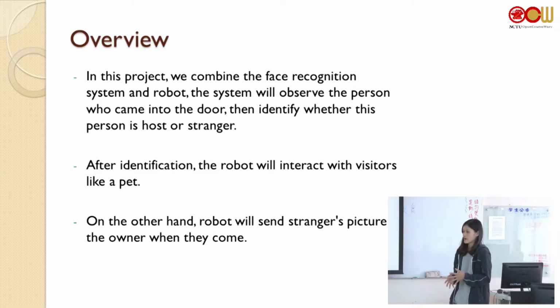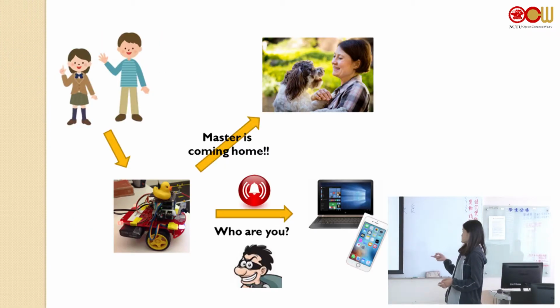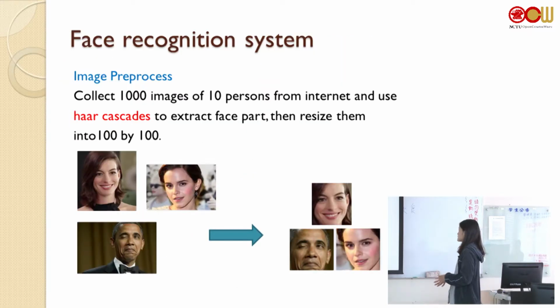After identification, the robot will run forward to the person, or if he or she is a stranger, it will send a message to the host, just like this picture. If someone comes into the home, the DocuBot will detect, and it will run forward or send a message to the host.